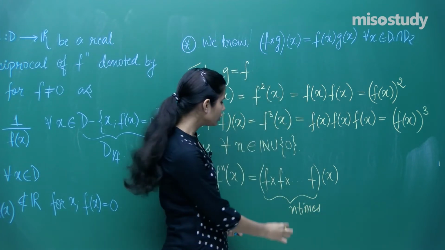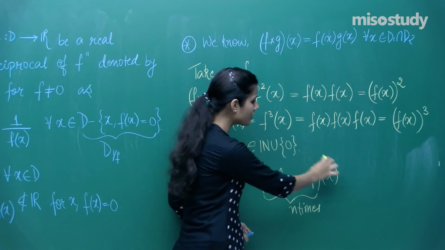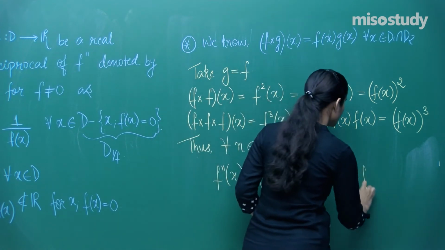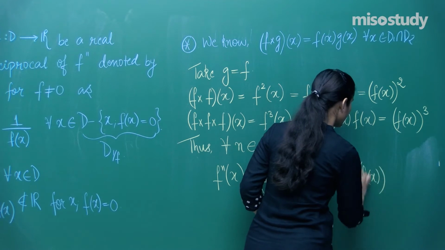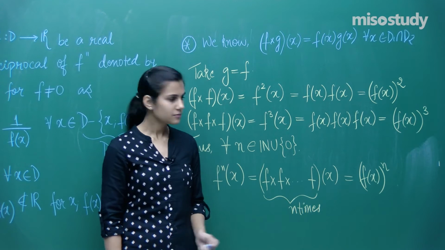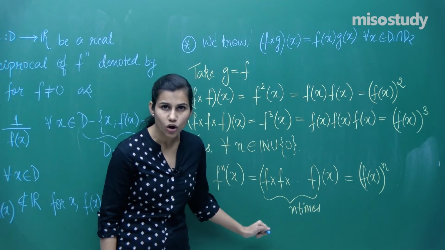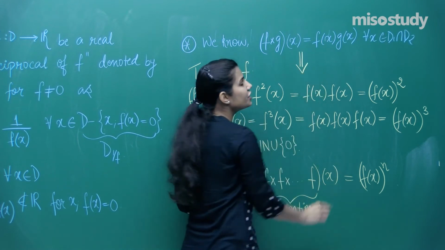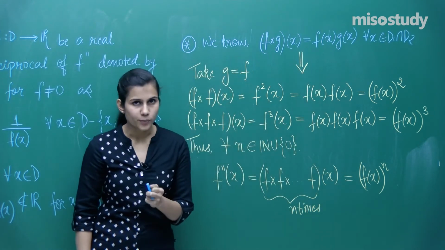And by definition, you will have f(x) into f(x) into f(x) n times, giving you f(x) to the power n. This is the significance or use of the operation of product.